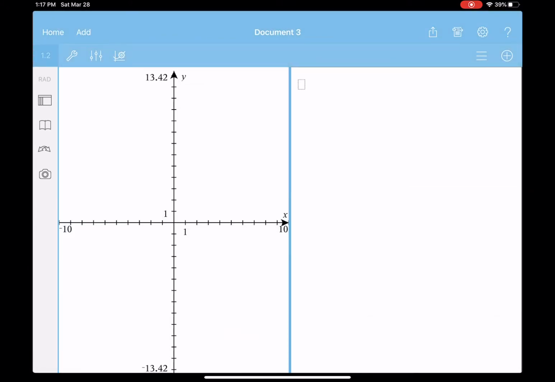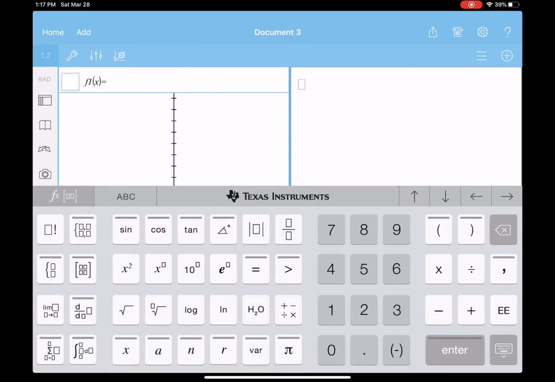All right, over here on this left side, I am going to hit the plus sign, and we're going to add in our function, which I need to pull up so I can see it. All right, we've got t minus, and of course we're going to replace all those t's with x's, x minus 3 natural log of x plus 2, x plus 2.